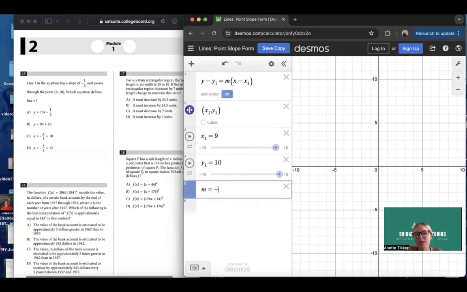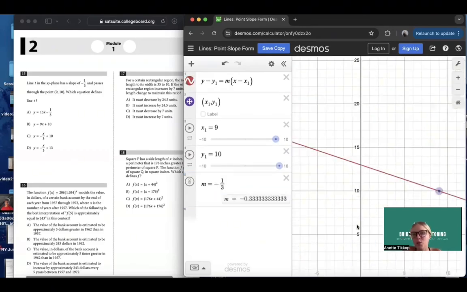And the slope they're saying is negative 1 over 3. So the full equation of the line, when you put it together, would be in point-slope form. The y-intercept is 13. So that helps us eliminate the choices. The only one that has a y-intercept of 13 is choice D. And the fact that we have a decreasing line tells us that the slope has to be negative, as it shows negative 1 over 3. So that has to be the answer.